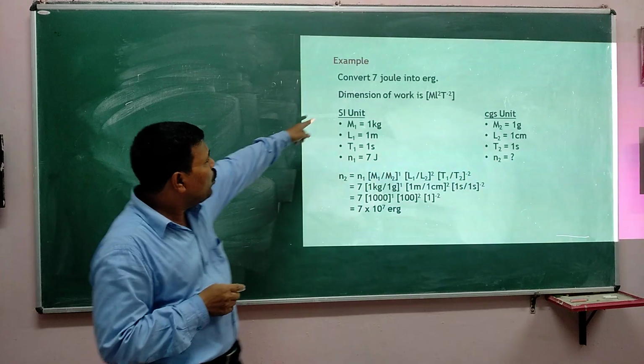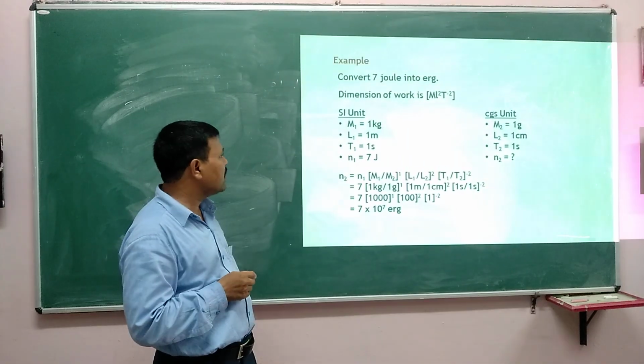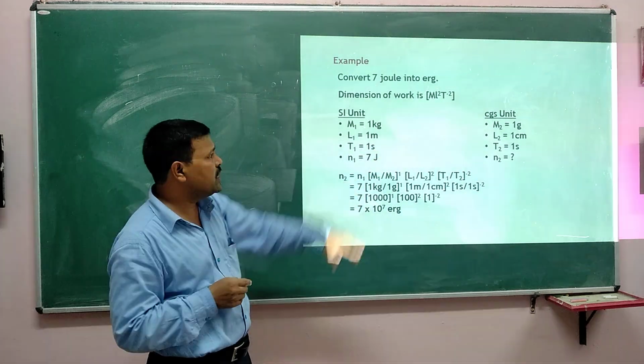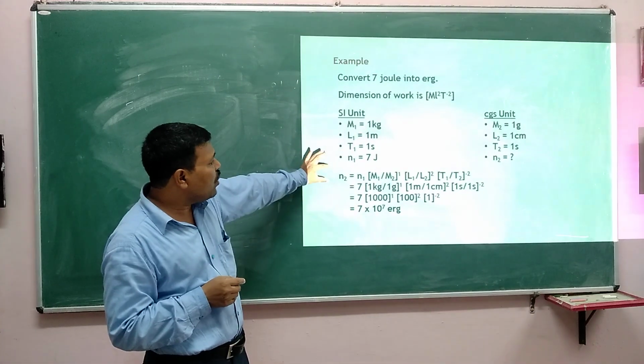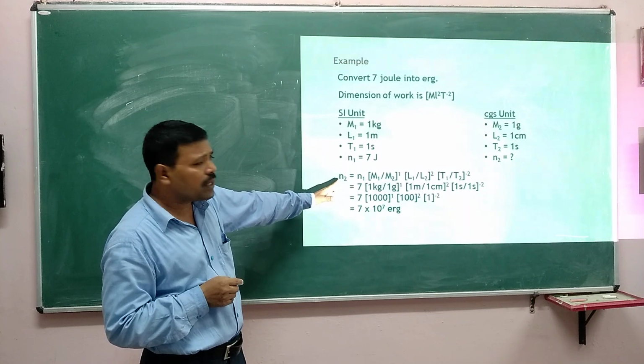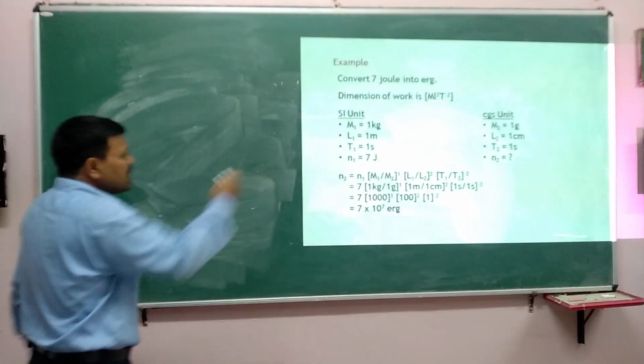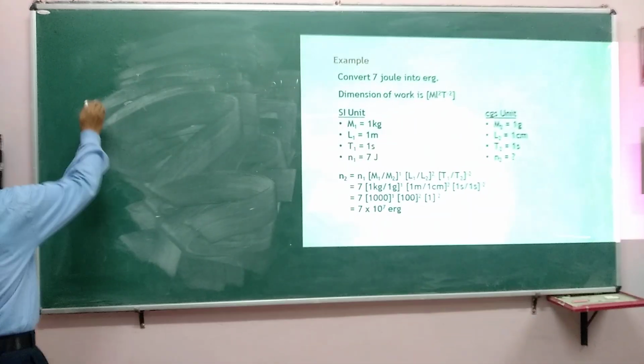Look here, we have the dimensional formula of work, and we have the SI unit and the CGS unit, and we have a formula to convert one unit into another unit. Let us write the formula first.